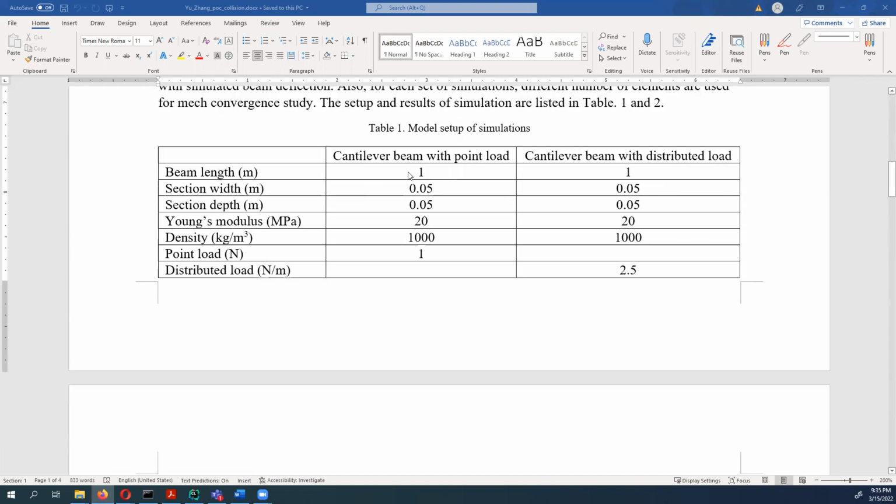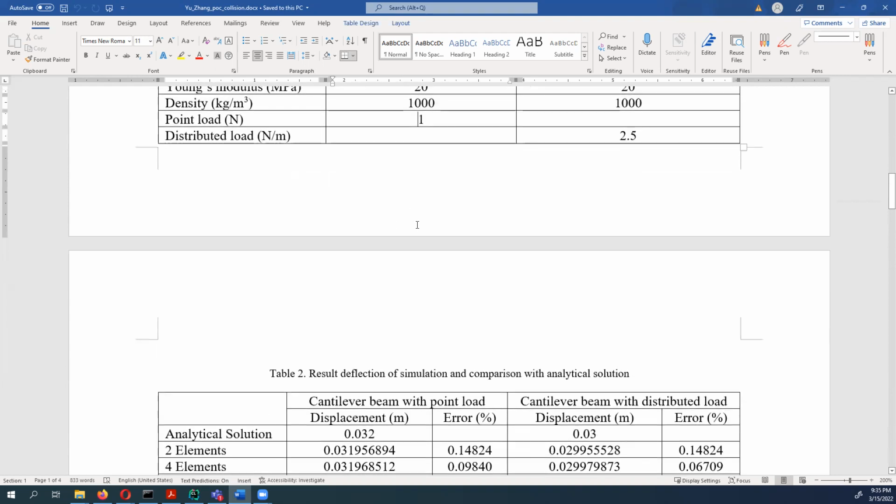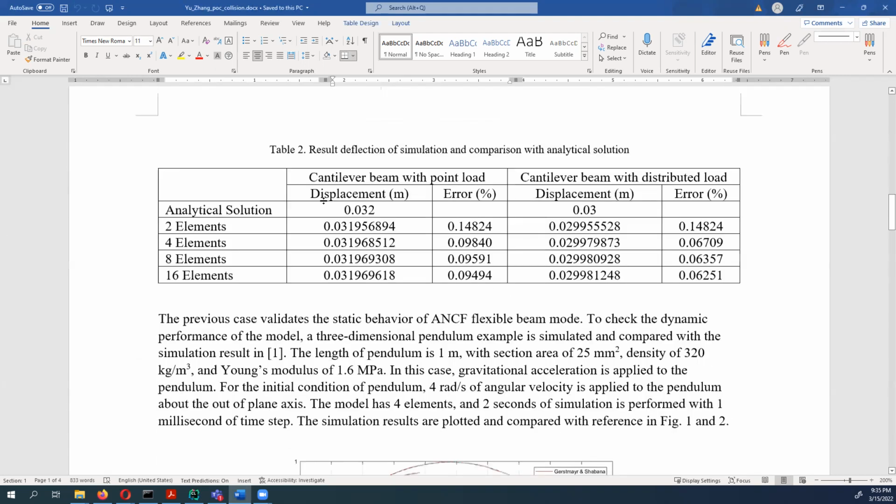The test cases are set up as this. I have the length, some basic geometries of the beam and the density and mechanical properties, along with the force applied to the beam defined in the table.